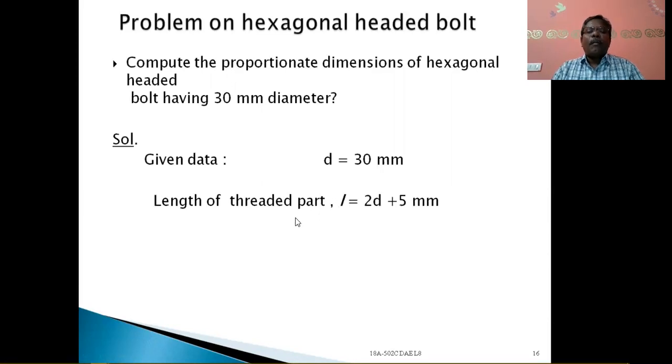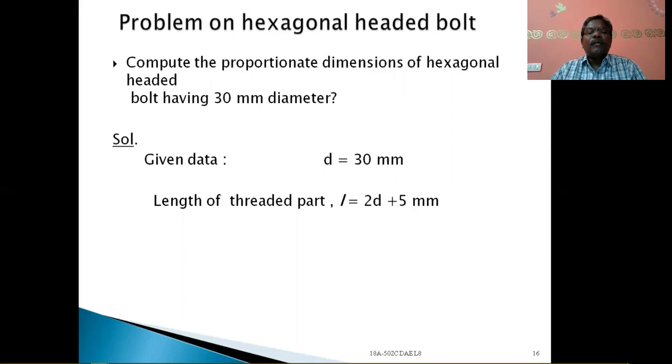Now, by getting this 30 millimeters of nominal diameter, we should calculate all the proportions. That means, what are the proportions here? Number one is the size across the flats of the hexagonal head, the size across the corner of the hexagonal head, and the height of the hexagonal head, right? All these proportions we should calculate.